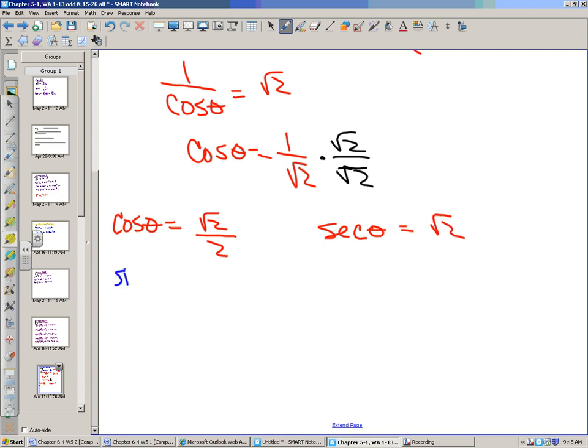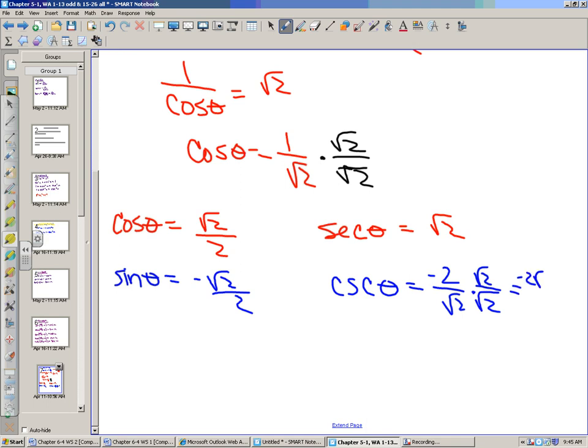We know that the sine they gave us to be negative square root of 2 over 2. So then we also know what the cosecant is. Negative 2 over the square root of 2, which turns out to be negative 2 square root of 2 over 2 to give you just negative square root of 2. Do we see that, yes or no? Do we all see the rationalized form of it?